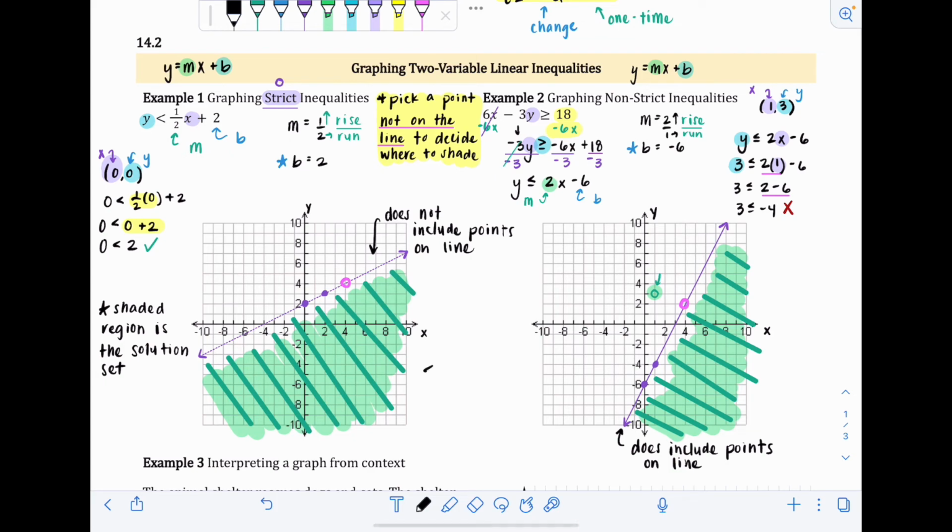If you have less than or greater than, it's a dashed line, like example 1 over here. And if you have less than or equal to, or greater than or equal to, it's a solid line, like we just did. Okay, so super, super important. Make sure that you have that somewhere on your page and you can reflect back to it.